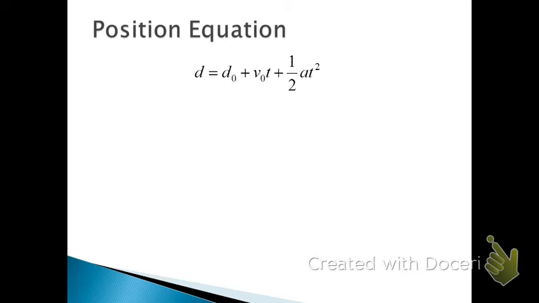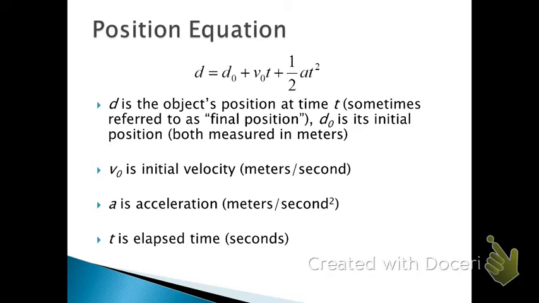We're going to start with the position equation. This is good old d equals d naught plus v naught times t plus 1/2 times a times t squared, with only the t being squared there. Where d is your final position, a lot of times it's referred to as final position.